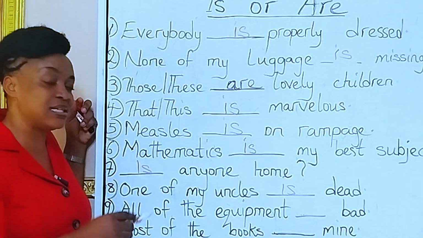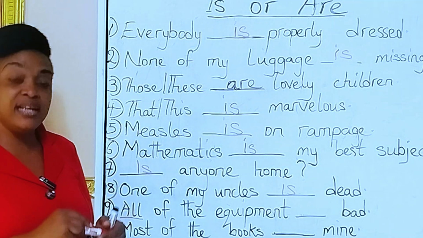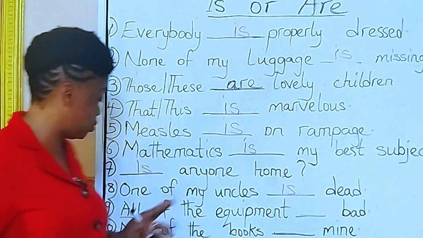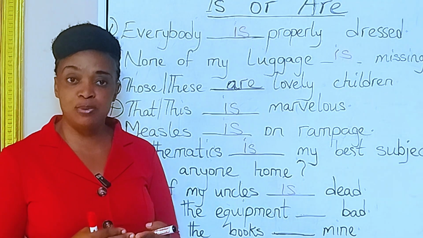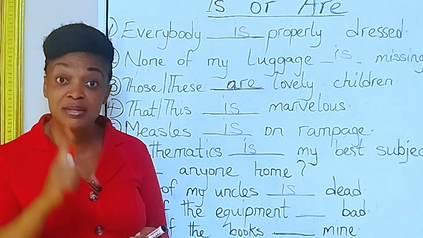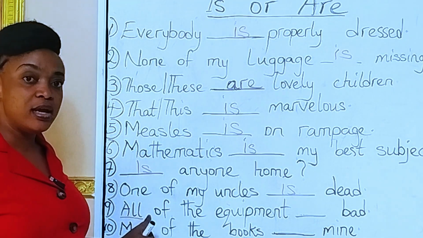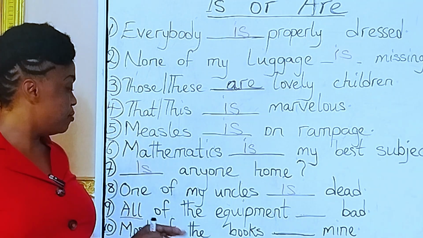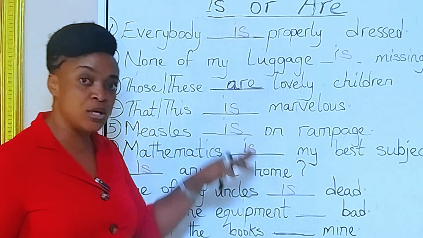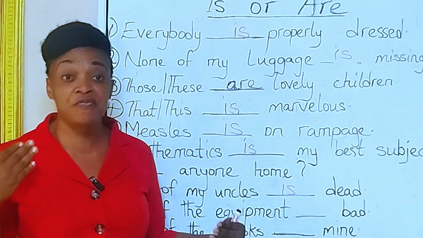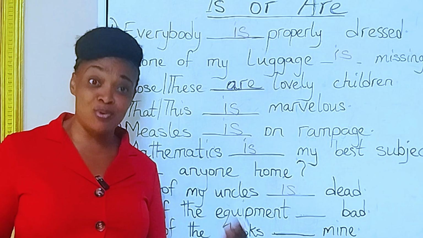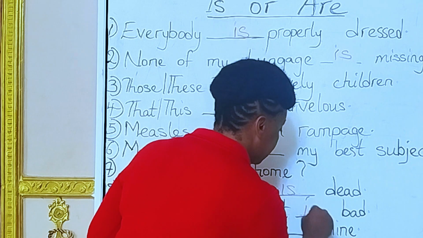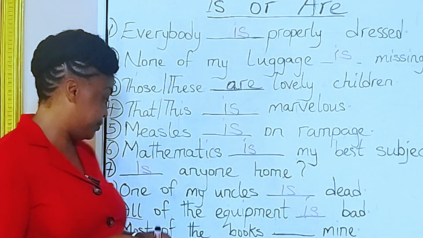Don't worry, by the end of this class, I'm going to teach you something about indefinite pronouns, the indefinite pronouns that can work as singular as well as plural. This is one of them. All can be used as plural and can also be used as singular, depending on what follows after all. Do you get it? If I say all of the books, it can go because it is countable. But here we can't because equipment is equipment. If somebody asks you what is the singular form of equipment, it's equipment. If somebody asks you what's the plural, it's still equipment. So we say all of the equipment is bad. And we come to number 10.